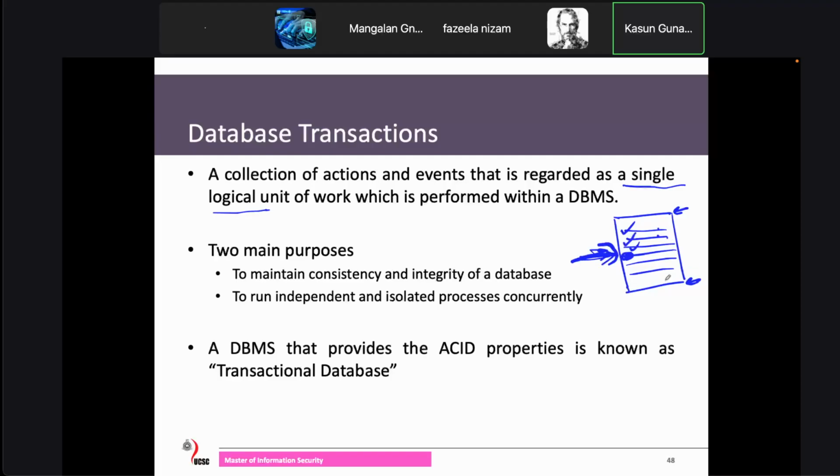It should go back to the starting point here. It should not have these intermediate outcomes. That is why we say this is to maintain consistency and integrity of a database. So that is the first purpose.